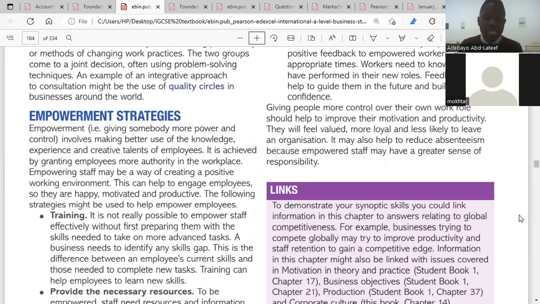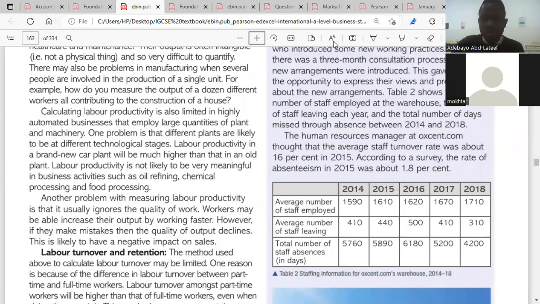Let them understand where they are at. How have they improved in the job? Give them feedback. This will motivate them. This will increase their productivity. So these are the ways in which workers can be empowered strategically to make them improve in terms of motivation and productivity. So that's all about human resources.